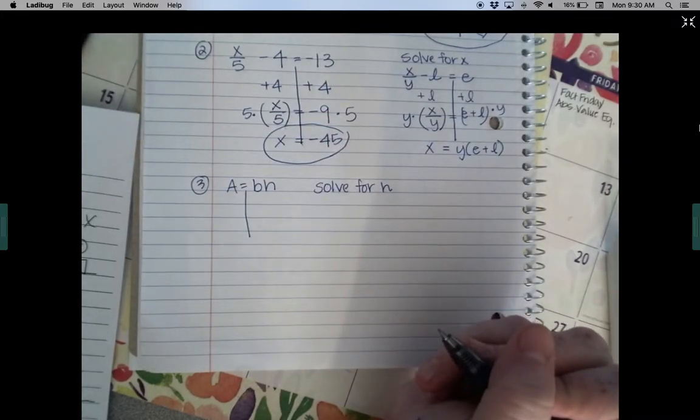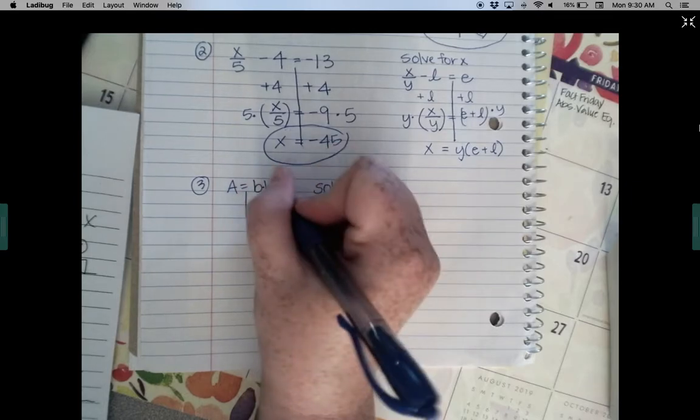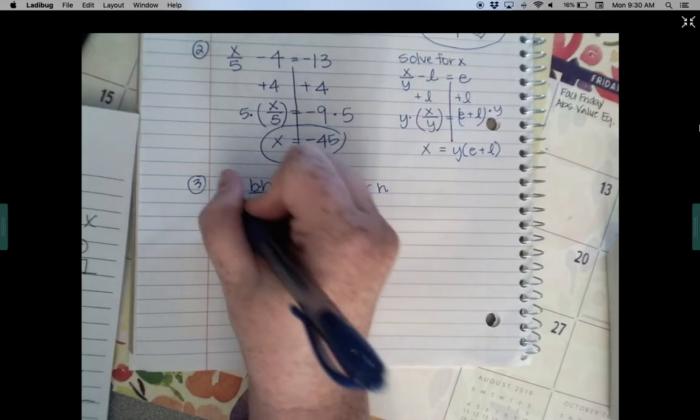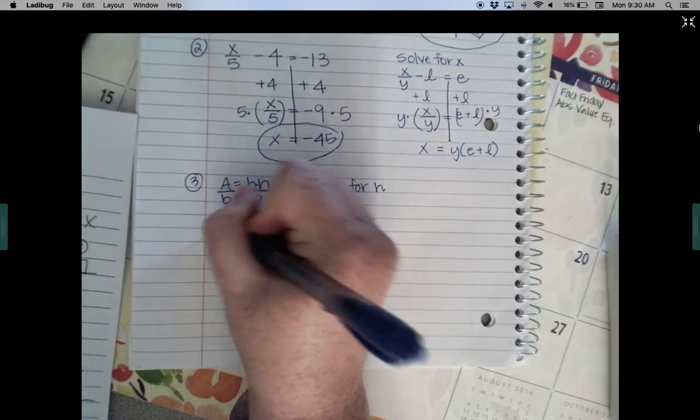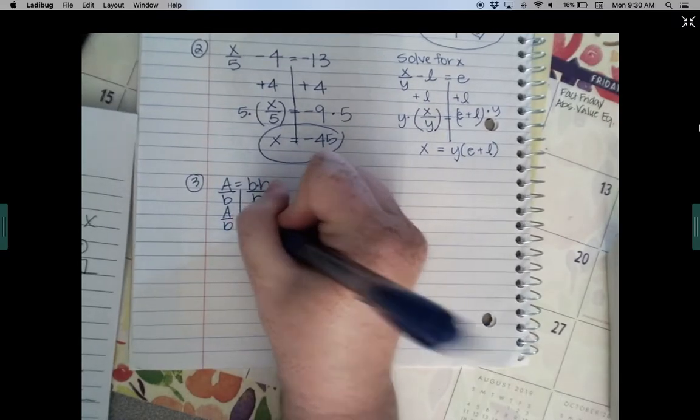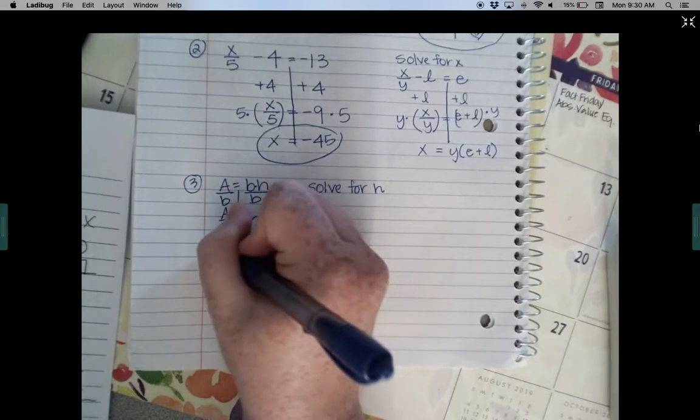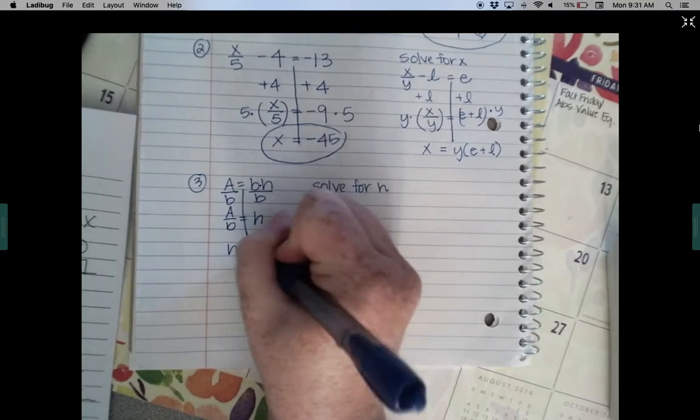Divide by b, because there's that invisible multiplication. So divide by b, divide by b. So a divided by b equals h. And I would turn it around and write it as h equals a over b.